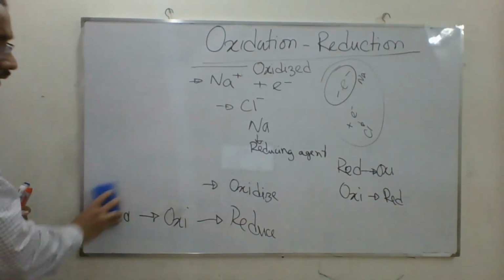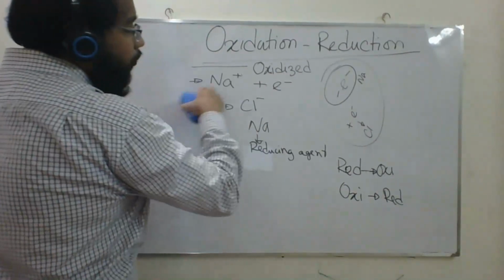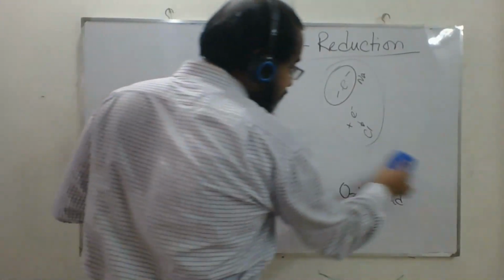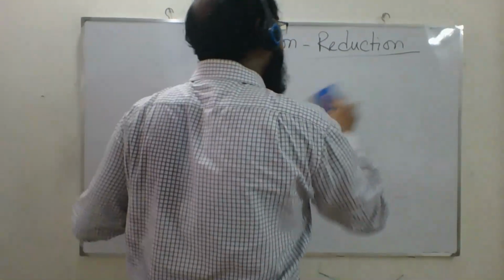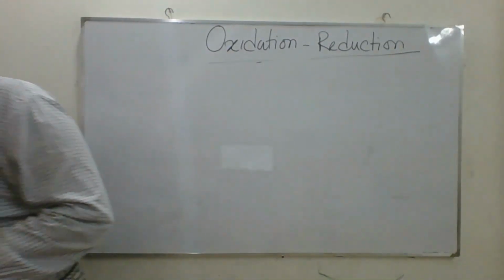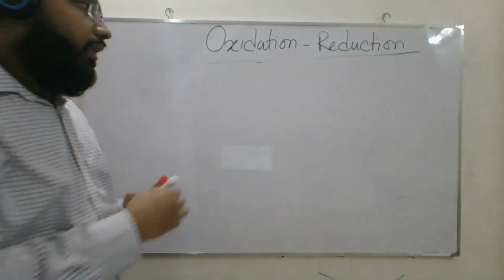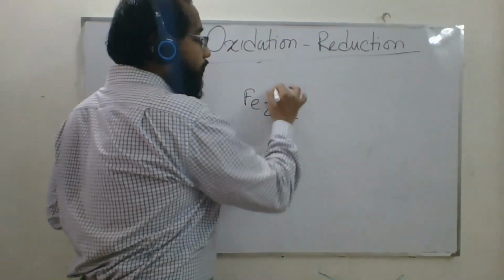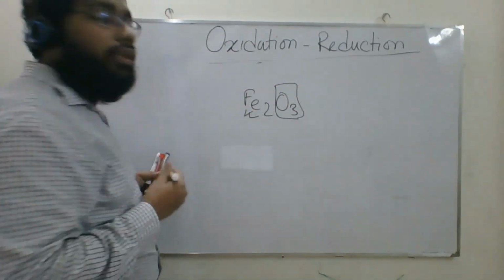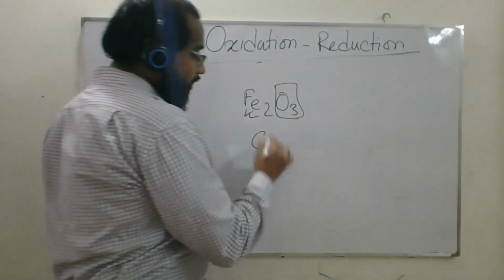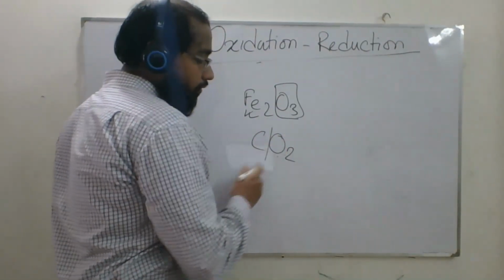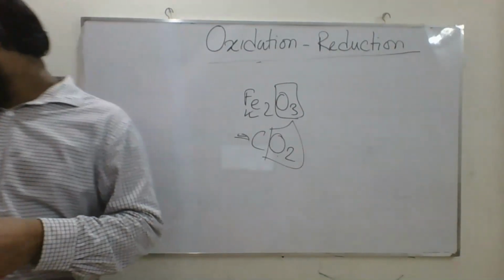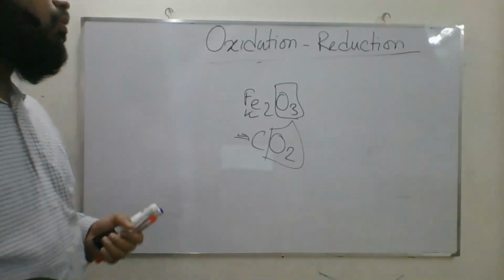One way is to look at who donates electrons and who accepts electrons. Another is in the reactant side, if somebody has some oxygen atom and this oxygen atom is removed, then I can say that iron gets reduced. If someone has no oxygen atom and it is attached with another oxygen atom after the reaction, then I can say this is oxidized.